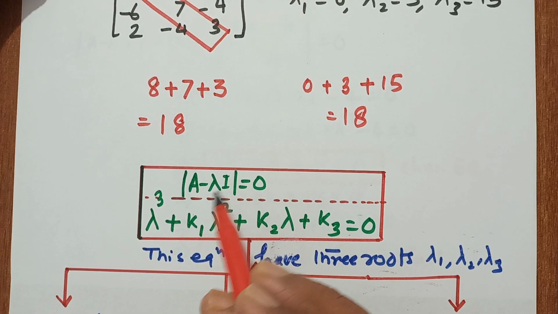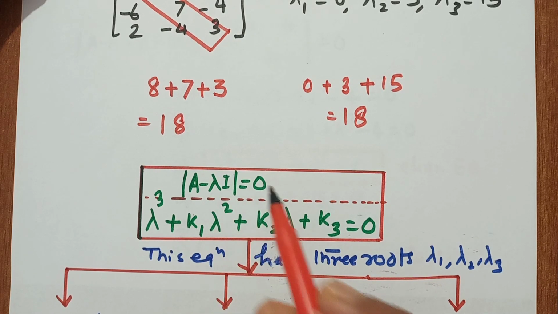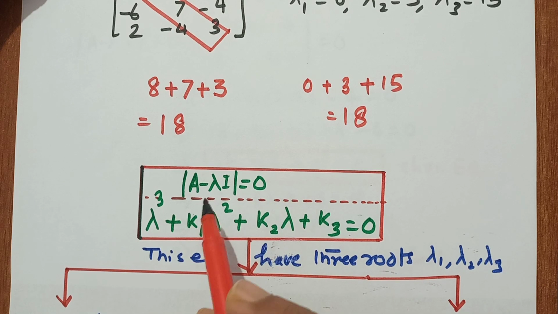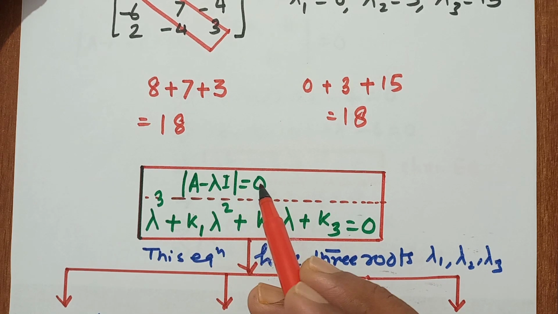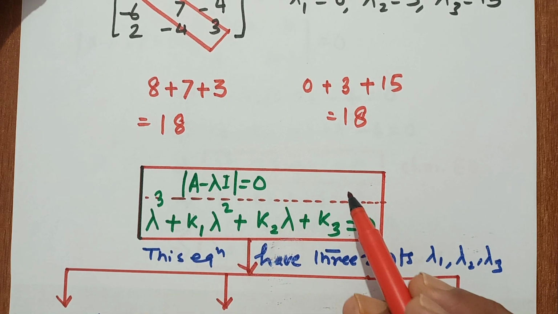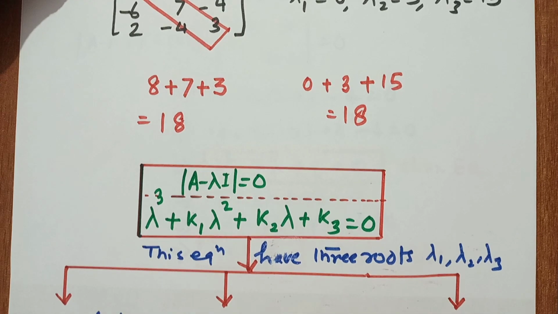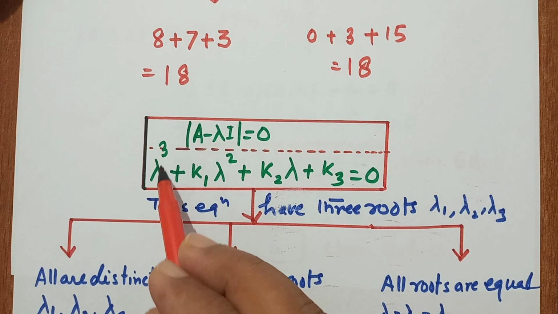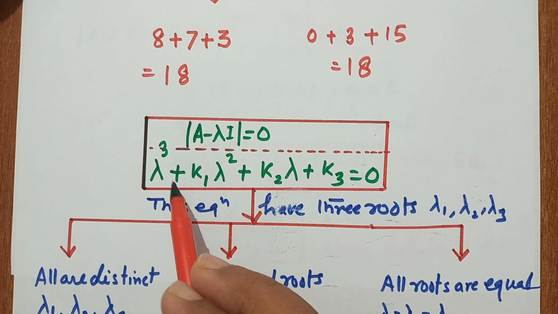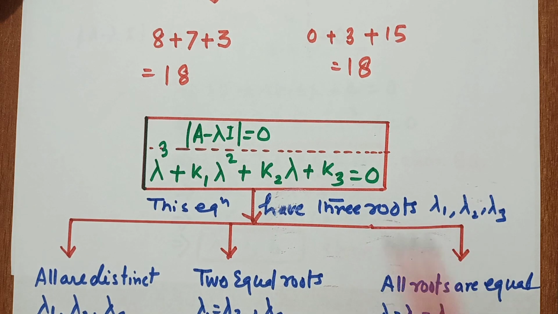Mostly we will solve questions of order 3, so each equation is of degree 3 in lambda. Suppose this is an equation in terms of lambda. We can solve for the value of lambda, and we get lambda 1, lambda 2 and lambda 3.